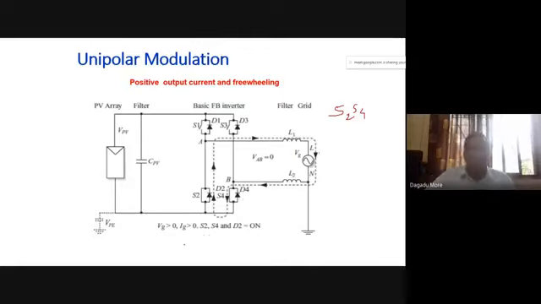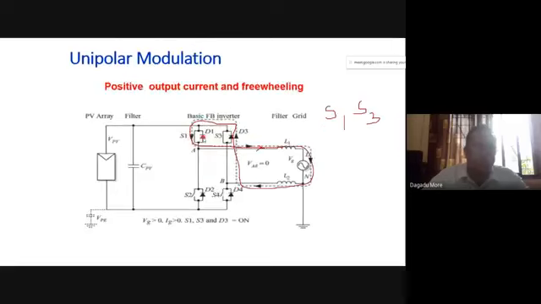When S2 and S4 are on with positive current, S4 is on, so it passes current through this and this, making the path we have shown here. Whenever S2 and S4 are on, we have a freewheeling operation. So two freewheeling operations are possible.